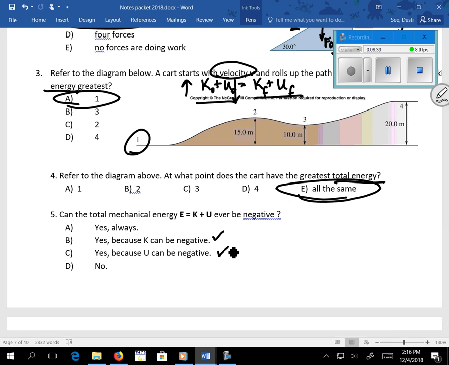If the overall energy is decreasing, then you could say yes. But can the total mechanical energy ever be negative? I would say it could be either B or C, because it could depend on the K and the potential energy being negative as well. So I don't know about A, because I don't know that you could always say "always," but I do feel like B or C could be a correct answer depending on how you justify. Okay.